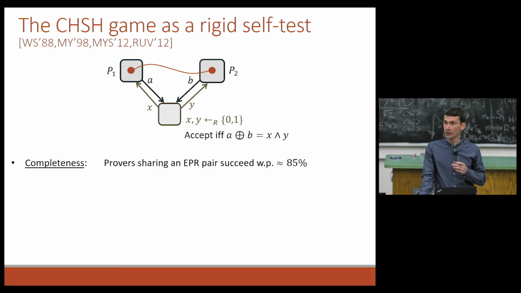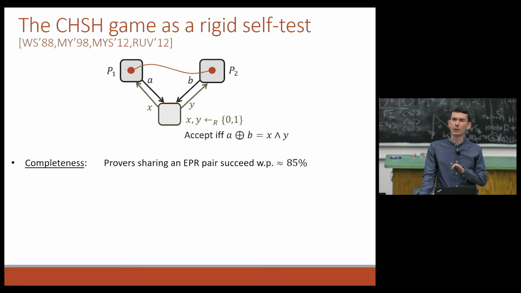Okay, and what's known about this little protocol? Two things. One, I'll call the completeness. It's known that you can satisfy this test with probability roughly 85% by having an EPR pair and measuring the EPR pair in the required bases. These are just sigma x and sigma z bases for prover 1 and some rotated versions of these for prover 2.